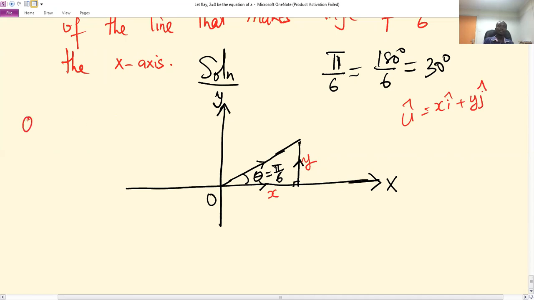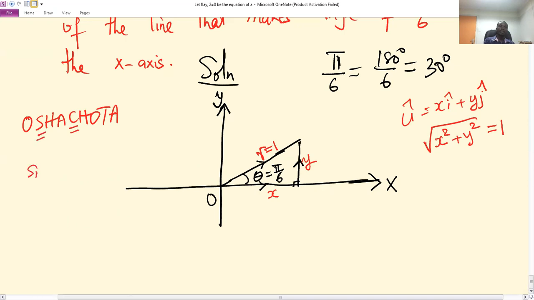Using SOH CAH TOA, let's call this one vector r. Remember, this u is a unit vector, which means the magnitude of u is 1, so this r is just 1.